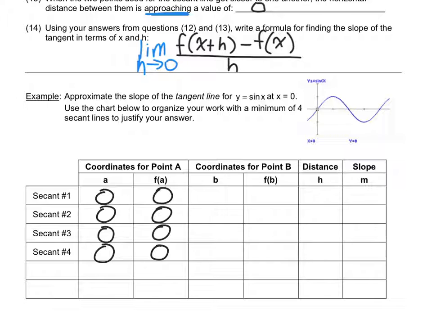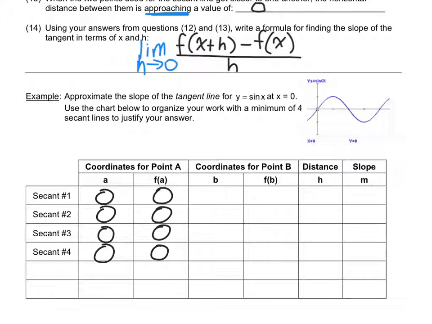But the idea is that just like on the previous one, we want to start off some distance away from our a value and start slowly working our way closer and closer. I recommend cutting it off here. Don't worry about the rest of this. Because again, we're looking for the tangent line slope at 0, which is probably going to be something like this.